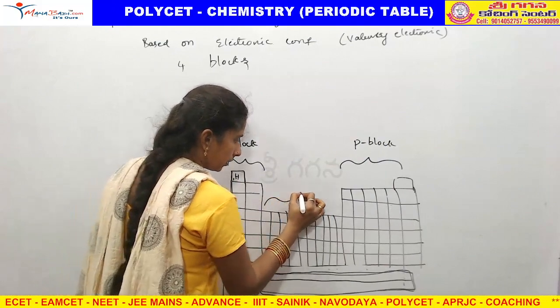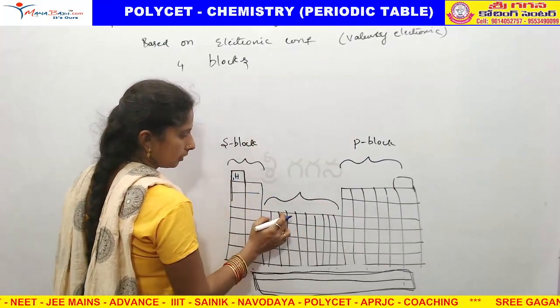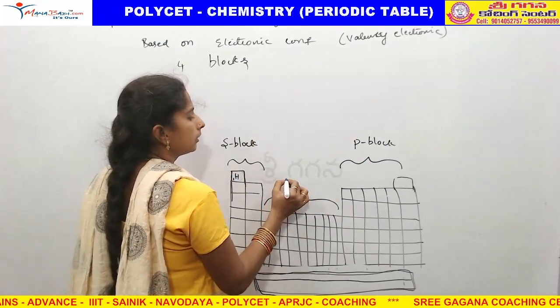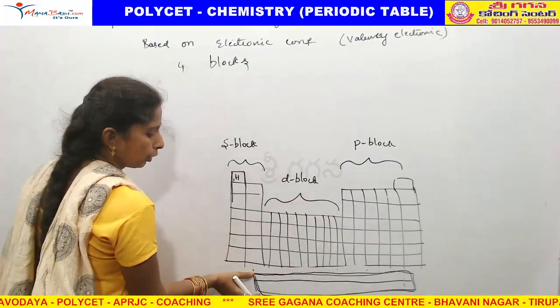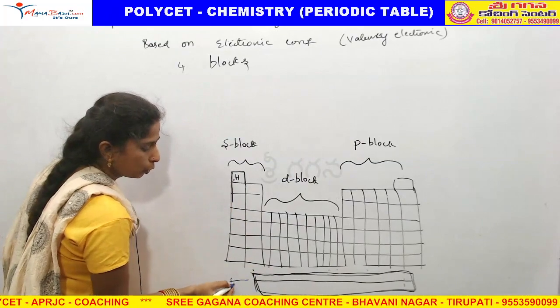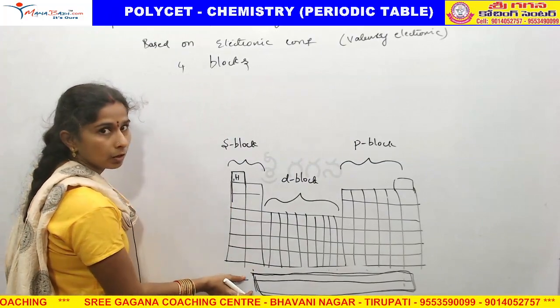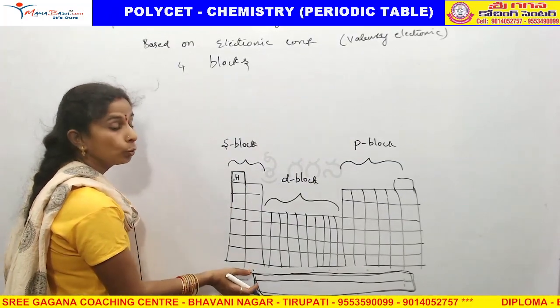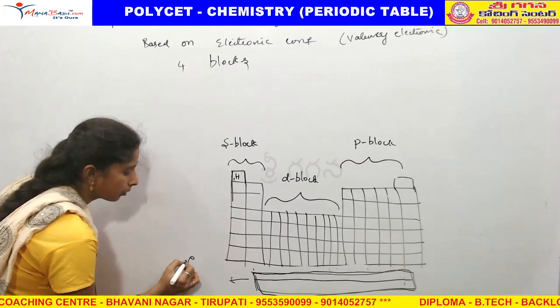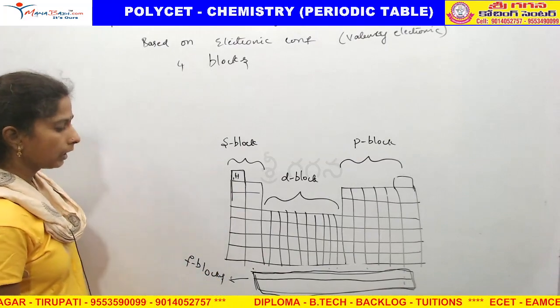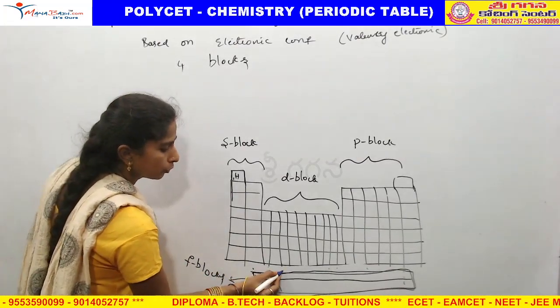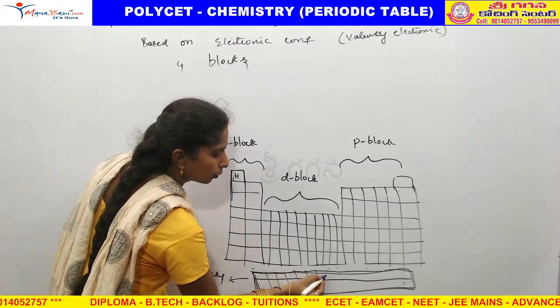In between, 10 groups are there, that is the D block elements. And at the bottom of the periodic table, 2 columns are there. Now it is not called a group. They belong to the F block, because here 14 groups will be there.